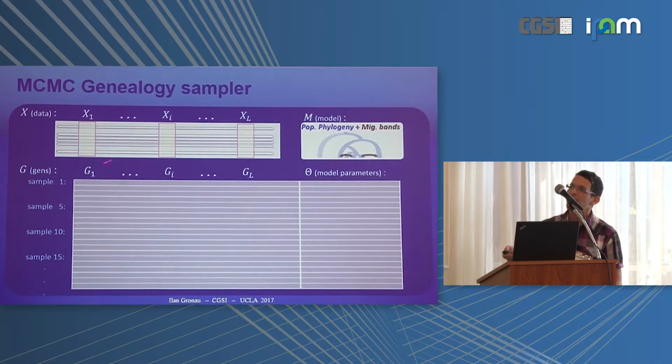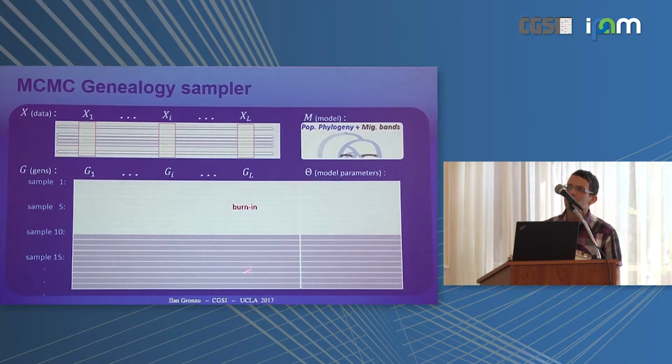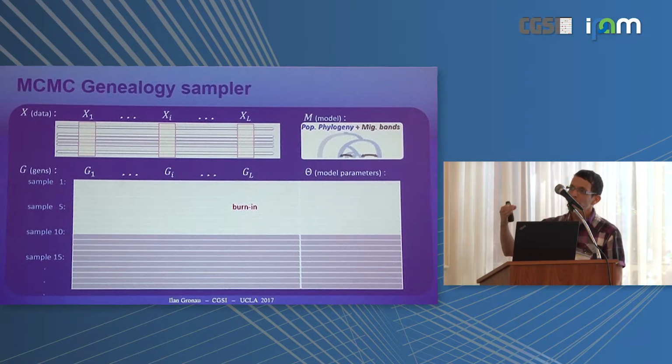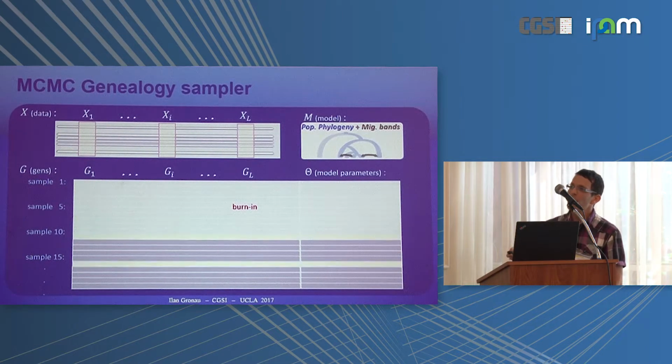So again, I don't want to belabor this too much. The idea is that in each sample you get an instance of all of your genealogies and parameter values. The first few, I'm saying few, but it's probably thousands, tens of thousands of samples, you're going to have to throw away because you started at some arbitrary point. But then at some point you assume you're converging, and then again you throw a lot of your samples away because two consecutive samples are going to be very highly correlated.